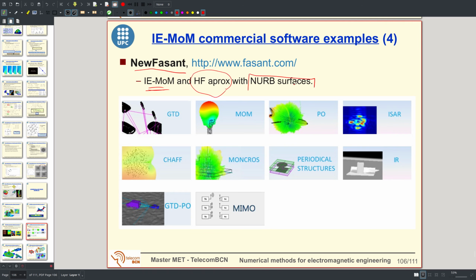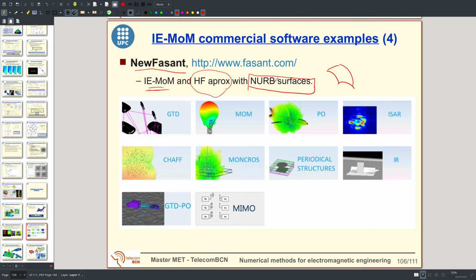The main difference between this software and the others is that it introduces the modeling of surfaces for integral equation analysis with method of moments. It introduces models with curved surfaces.